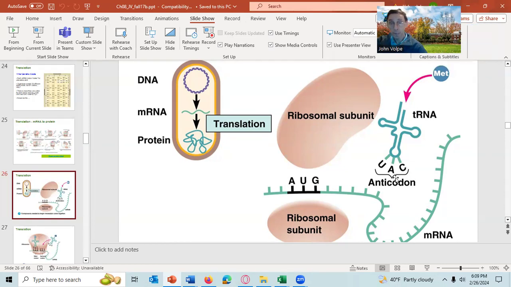So the anticodon UAC binds to the codon AUG, and the tRNA is what really is reading the messenger RNA. The ribosome is just moving down the RNA and providing a spot for the tRNA to come in and bind to the messenger RNA. Anyways, the tRNA brings in the correct amino acid, which in this case, for AUG, will be the amino acid methionine.